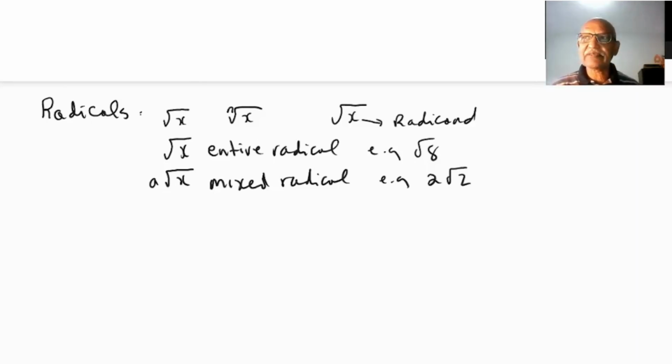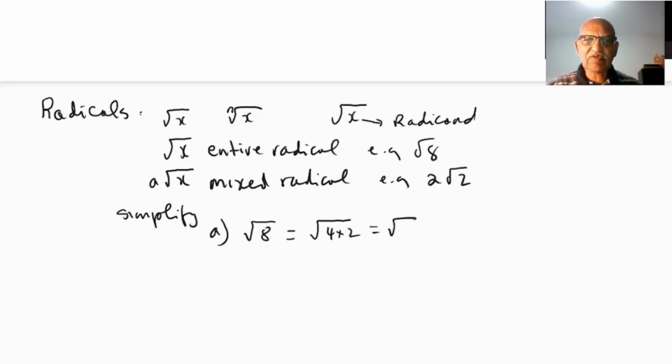Simplify the radicals. Our question is simplify. A. Square root of 8. 8 can be written as a product of one perfect square and one non-perfect square, which is square root of 4 times 2, which means I can write this as square root of 4 times square root of 2.